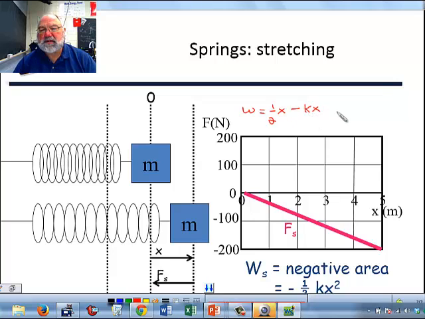If we combine this all together, we end up with 1/2 kx squared, and the force is opposite the direction of the stretch, so it's minus, negative work. So that's how this works.